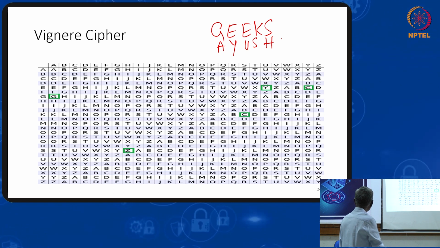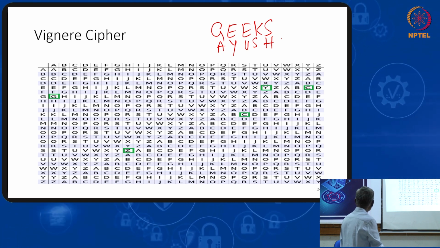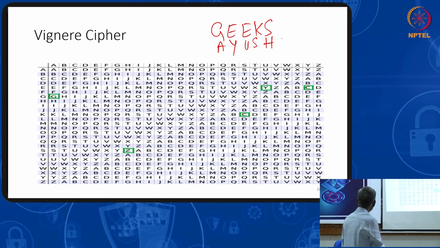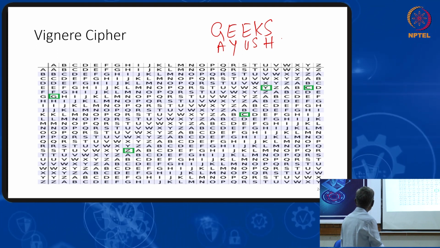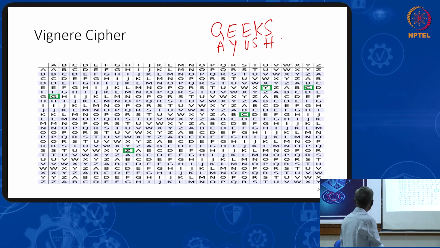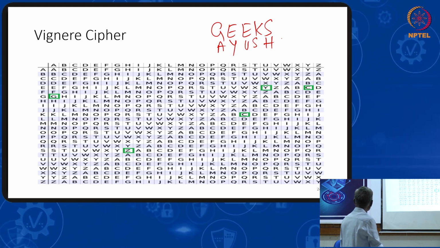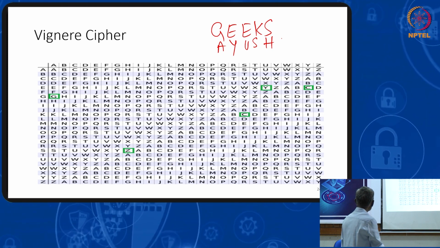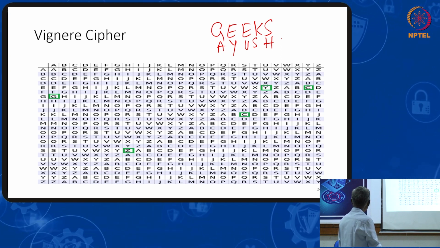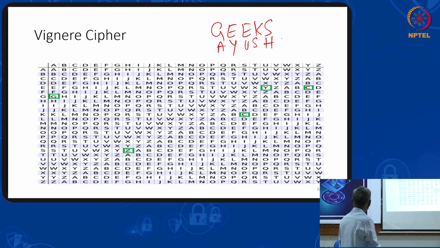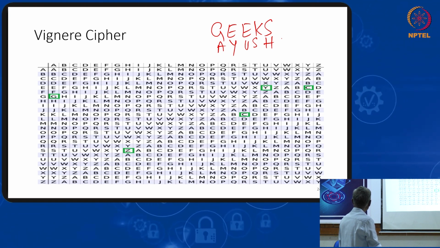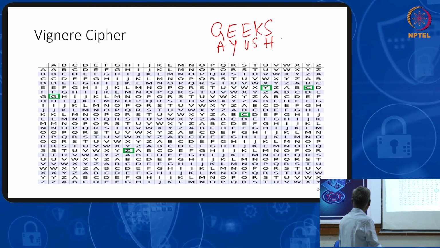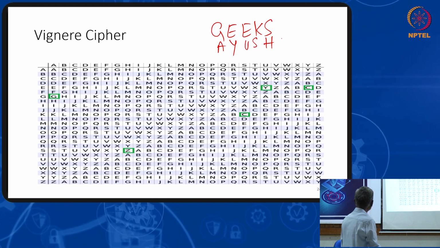Y row, E column, if you see, it will be C. Okay.